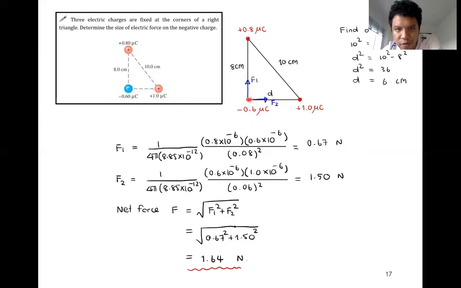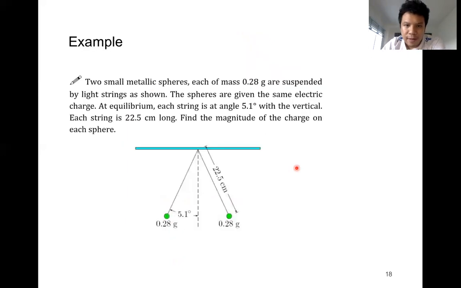After we have vector F1 and vector F2, we combine the 2 vectors by using Pythagoras theorem, and I have 1.64 Newton.